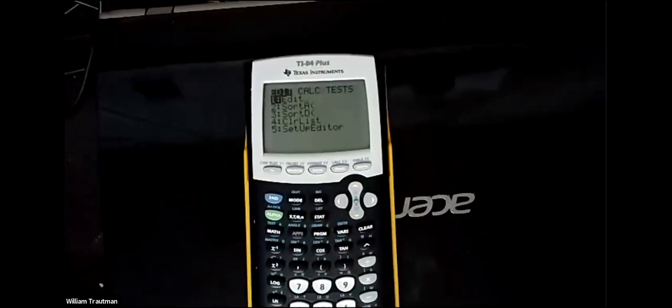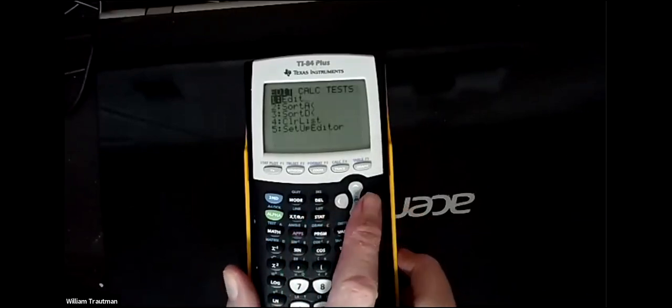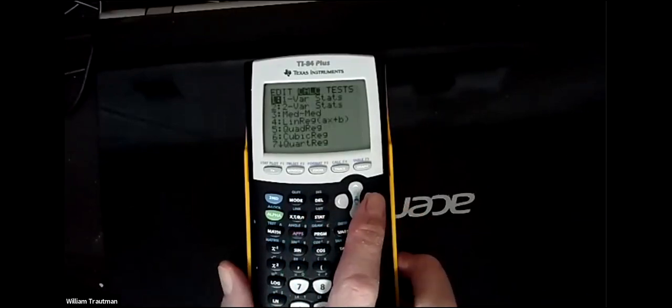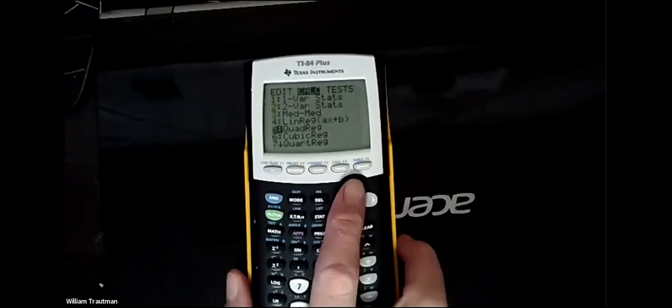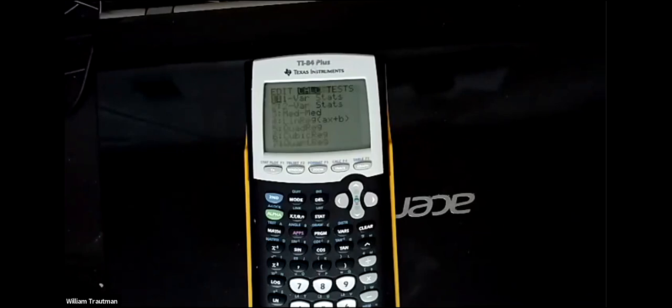All right. So let's do that on our calculator again. Once again, stat number 1, we entered the data here. Then once we enter the data, we go to stat, arrow over to calculate, and we don't have to scroll down. It's number 1, 1-Var Stats. I hit enter.